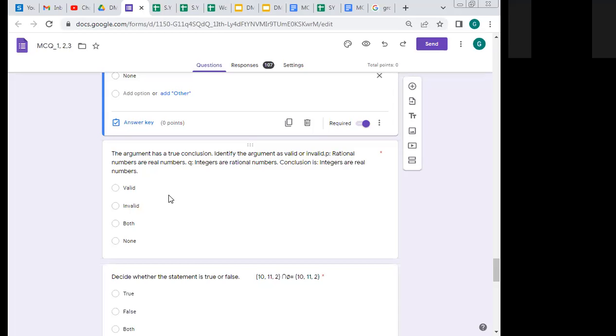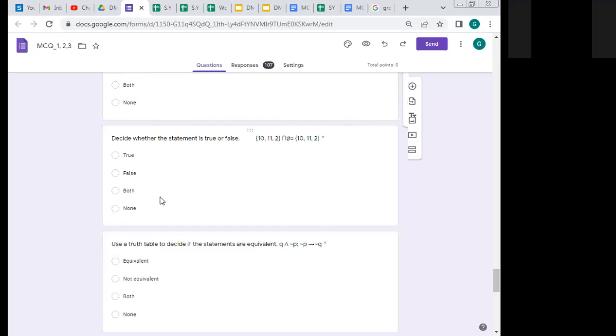In the first sentence, it's already declared that the argument has a true conclusion. When the conclusion is true, that argument is valid, that we already know. Whatever the propositions are, the already told fact is that the argument has a true conclusion. So always that argument is valid. Okay. So option 1 is correct in that case. Getting?